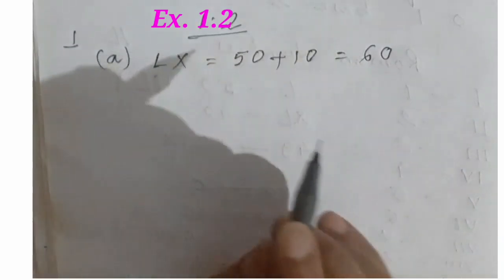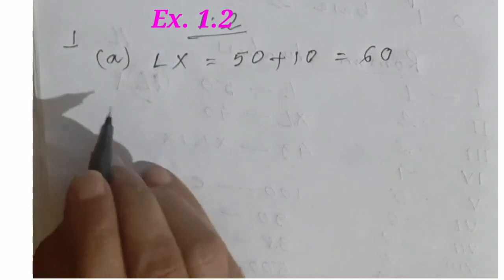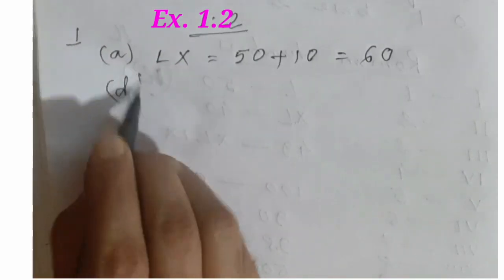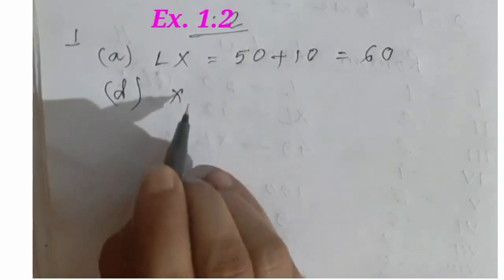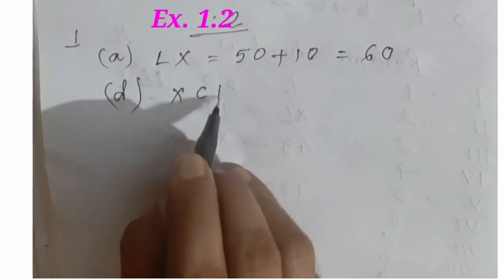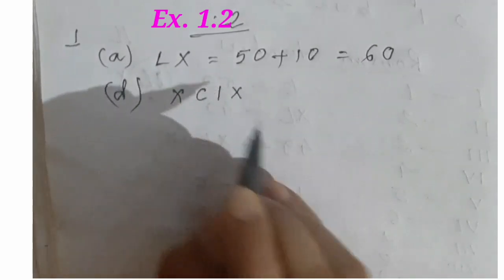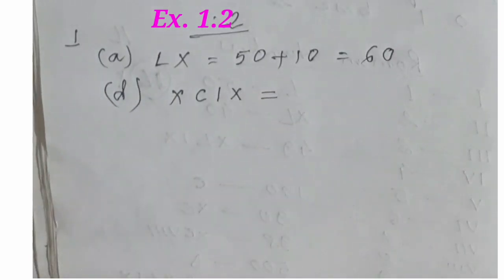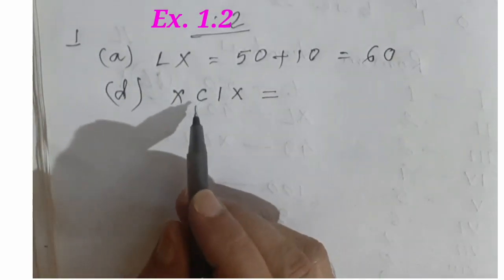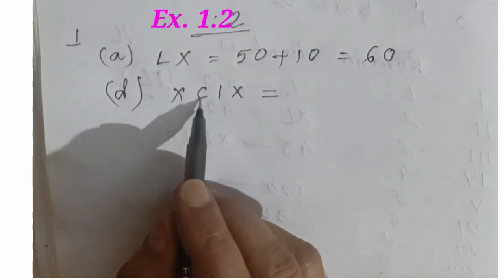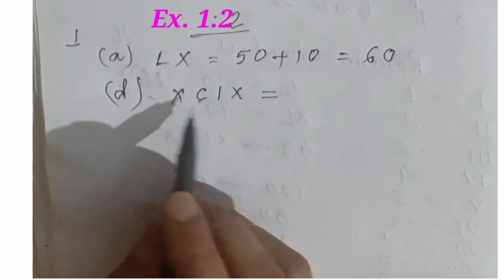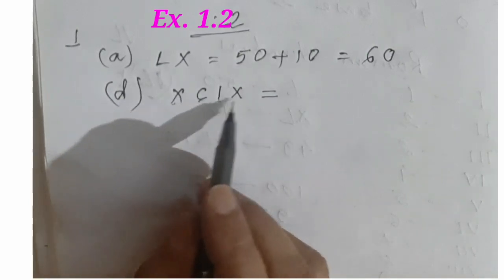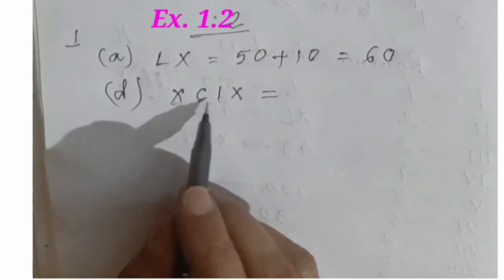Similarly, for the next one, XCIX. Here XC is 90 and this one is IX, which is 9, so this is 99.